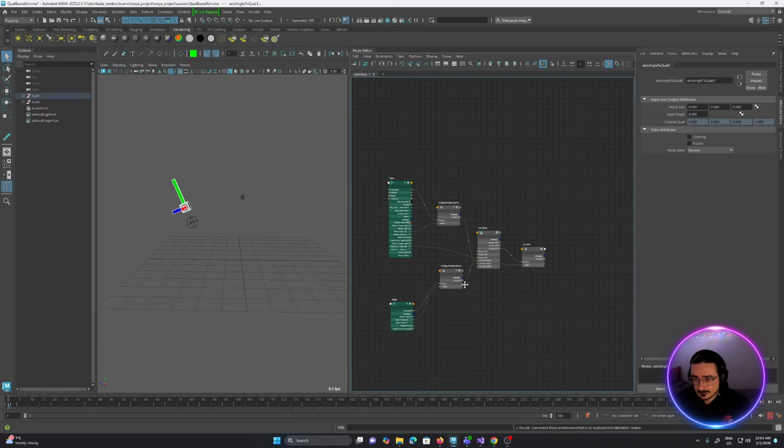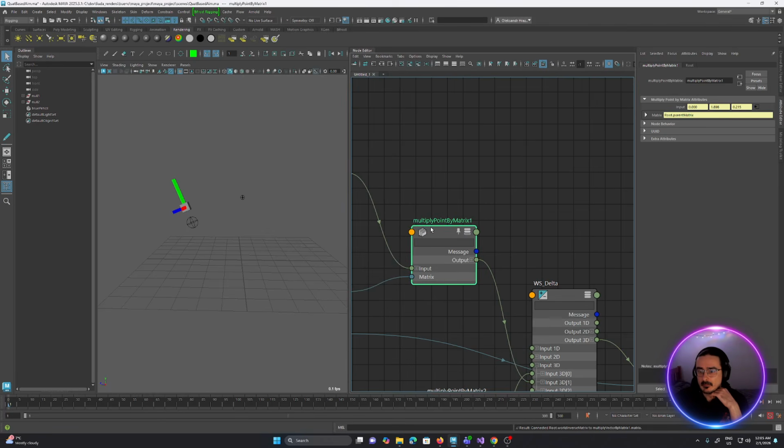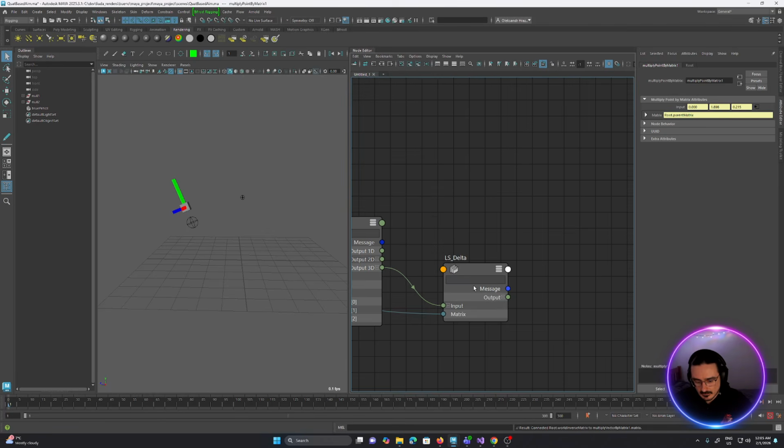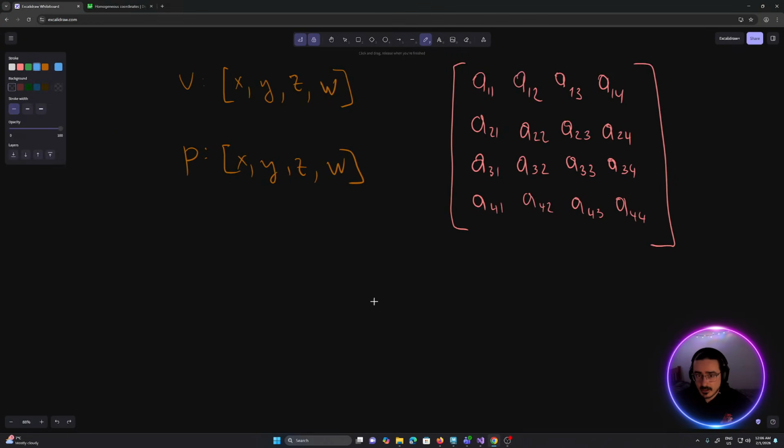Okay, so why do we use these two different point and vector multiplications? The reason behind it is that when we multiply our vector with a matrix, we do the linear transformation.